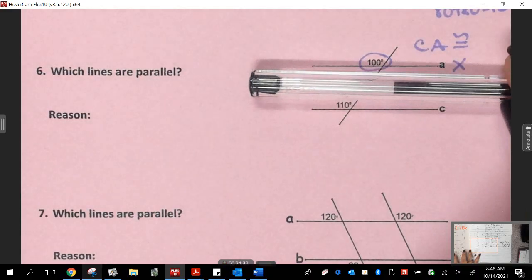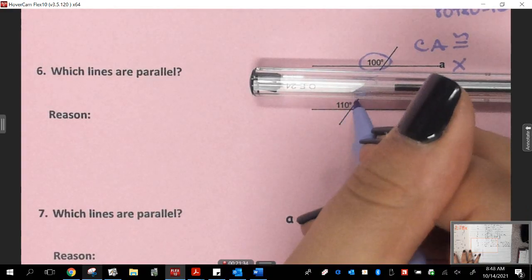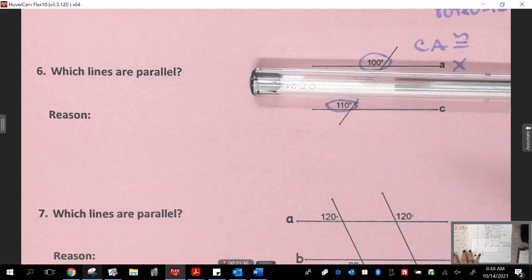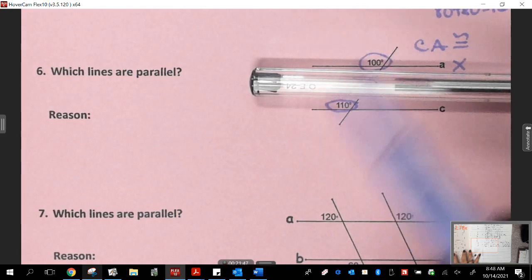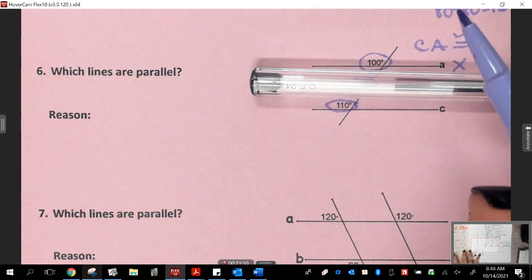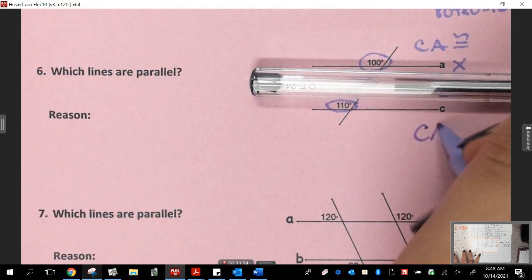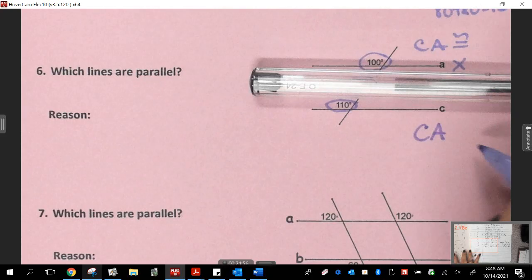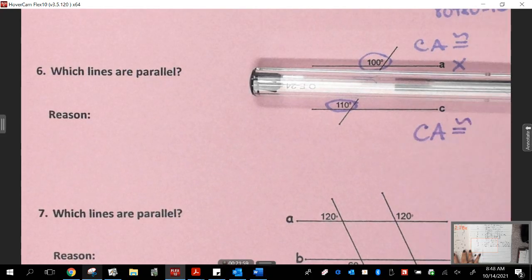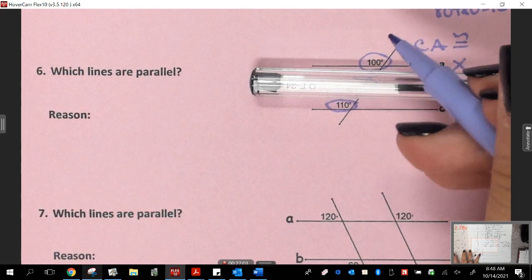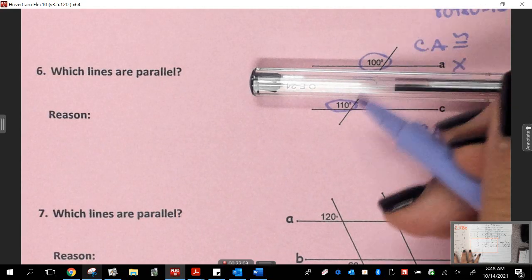Cover up B. What do I have here? They're on same side or different sides? Are they both inside or both outside? CA, what should CA be? Congruent. Are they the same?